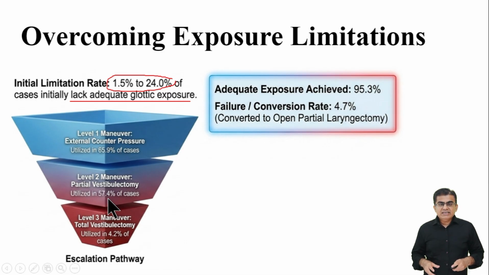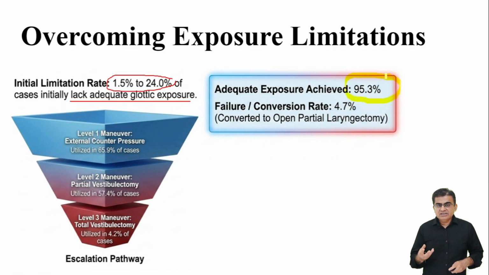Finally, level 3 is a complete or total vestibulectomy. We only need to use this more aggressive maneuver in 4.2% of cases. By strictly following this step-by-step escalation pathway, we can successfully achieve adequate exposure in 95.3% of all our patients.